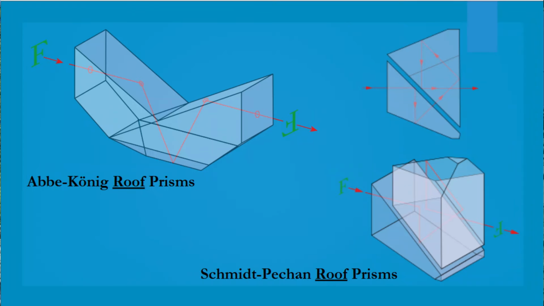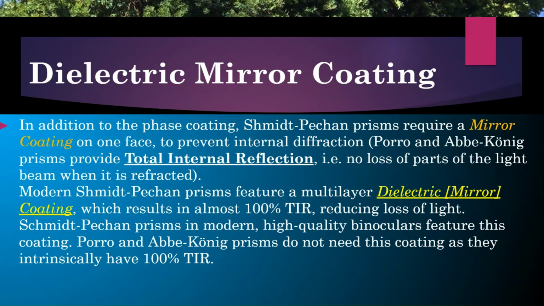So although it's big, it is not as big as a Porro prism, but it's bigger than a normal Schmidt-Dach roof prism. But it has the benefit of not requiring the dielectric mirror coating, and it also typically allows engineering the binocular with the objectives a little bit further out from them. So even in a roof inline binocular, you can get a fairly good sense of the stereo surroundings, so a fairly stereoscopic image.